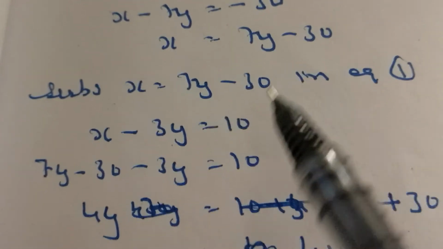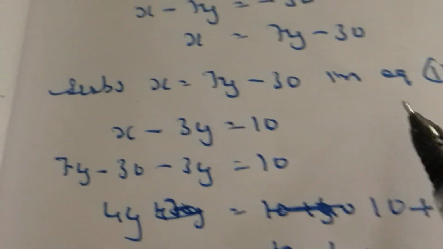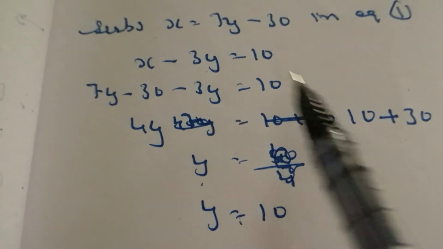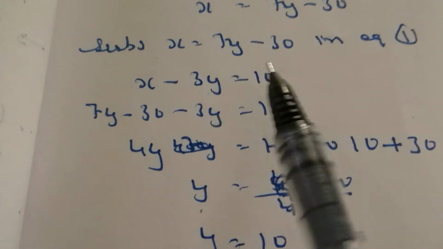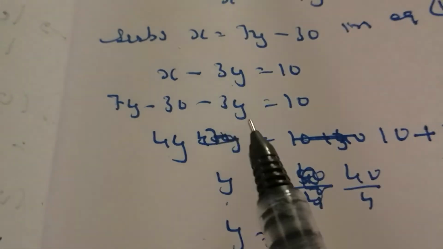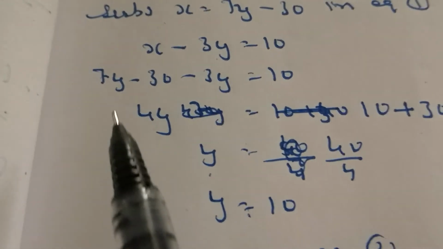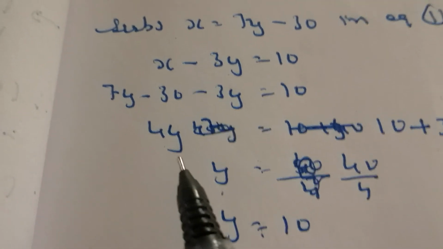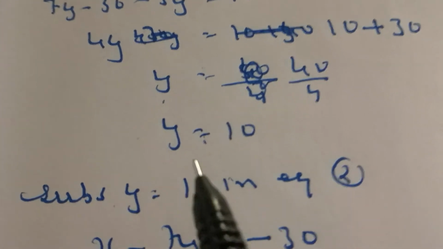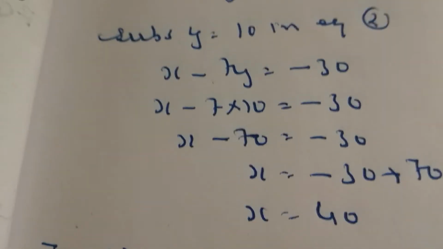Now substituting value of x in equation 1, that is x minus 3y is equal to 10. Value of x is 7y minus 30. So instead of x, 7y minus 30 minus 3y is equal to 10. 7y minus 3y is equal to 4y. Minus 30 shifted on the right hand side becomes plus 30. So 4y is equal to 40. So y is equal to 40 upon 4. So y is equal to 10.